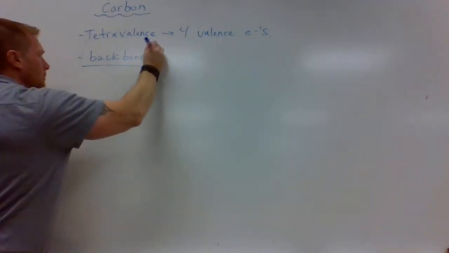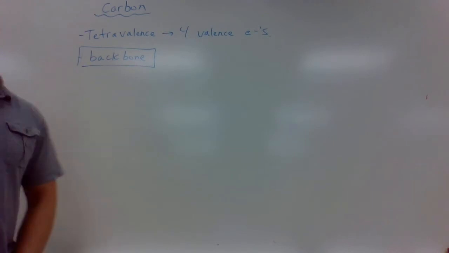When we look at these organic molecules, there are 2 factors that are going to determine the properties of an organic molecule. One is going to be the carbon backbone. Specifically, the arrangement of carbons in the backbone is going to determine the shape of the molecule, and the shape determines its function or its properties, what it's able to do.